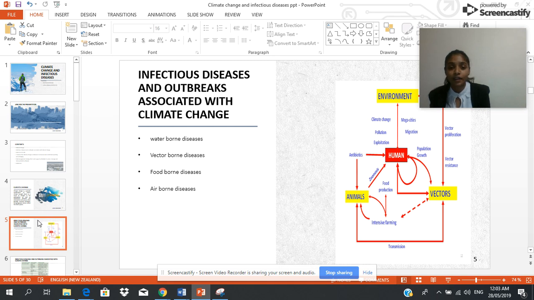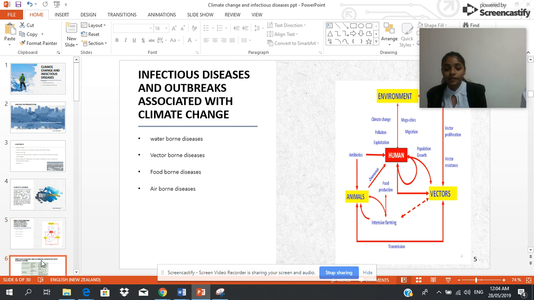Because of climate change, global temperature will increase, sea levels will rise, carbon dioxide levels will rise as well, and extreme weather changes can happen. It leads to most infections because of these changes. So it can lead to waterborne diseases, vector-borne diseases, foodborne diseases, as well as airborne diseases.